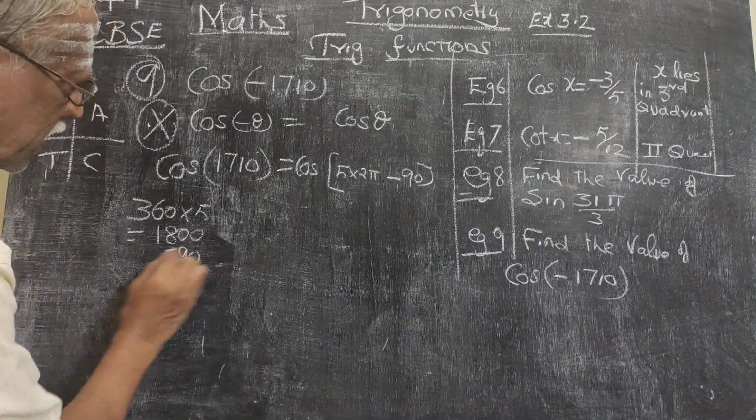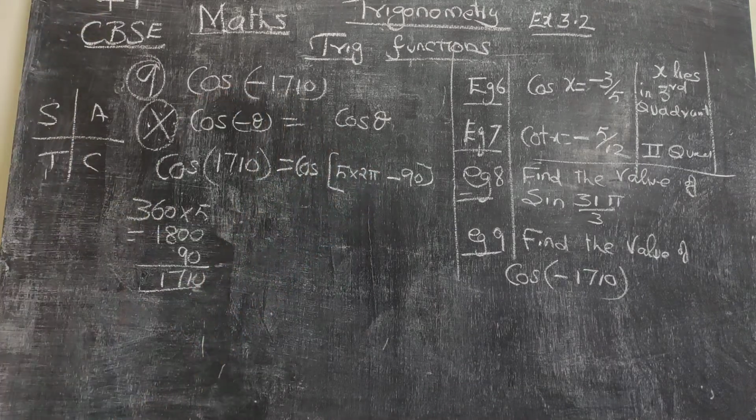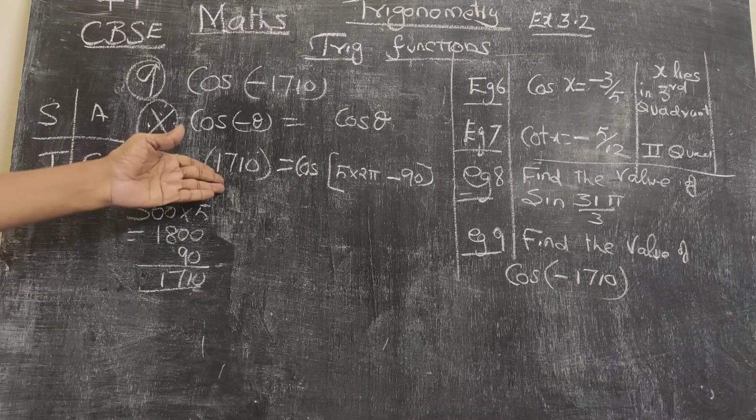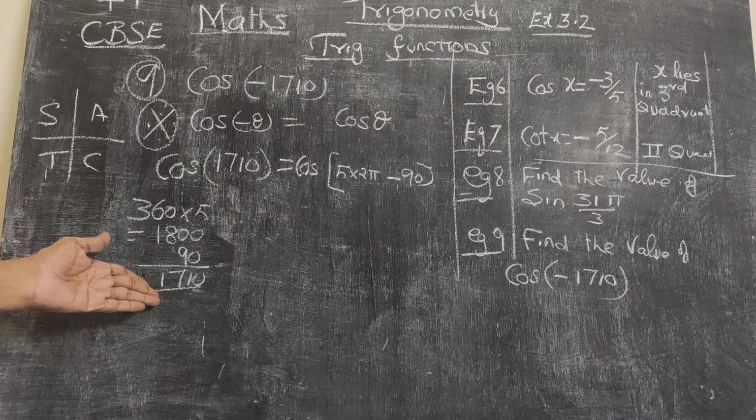From here if I subtract 90, I will be getting 1710. So I am rewriting this like this: 5 times of 2 pi. 2 pi stands for 360, pi is 180, 5 into 360 is equal to 1800, whereas it is 1710. So I am subtracting 90, it becomes 1710.